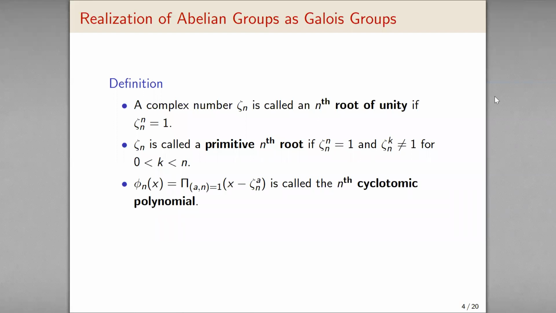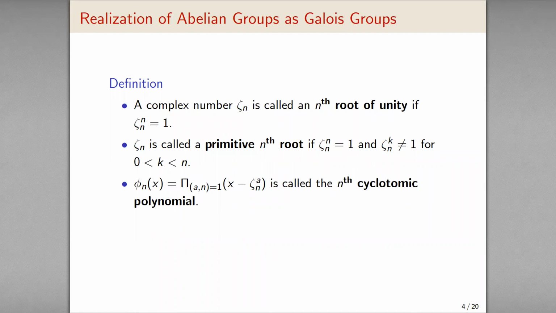The nth cyclotomic polynomial is defined as the product of all x minus zeta to the a, where a is coprime to n. By our previous observation, the roots of the nth cyclotomic polynomial are precisely the primitive nth roots. And actually, this polynomial has integer coefficients and it's irreducible over Q.